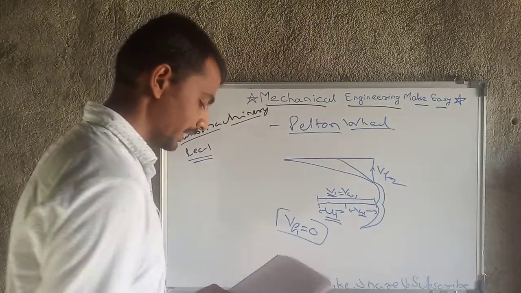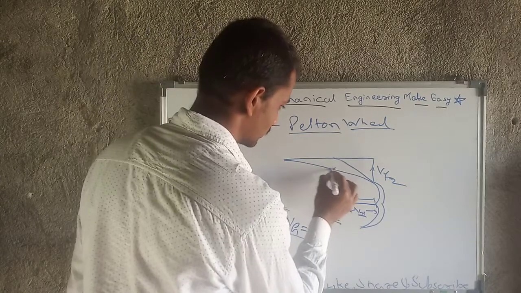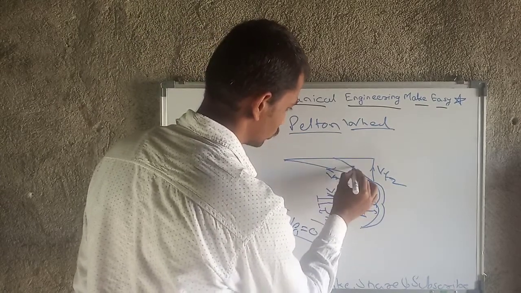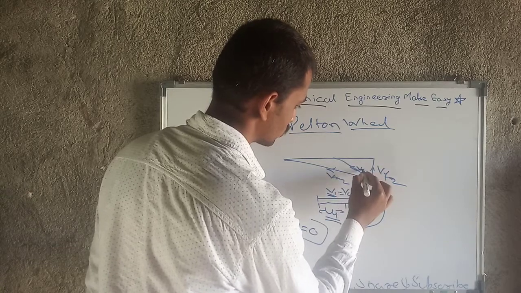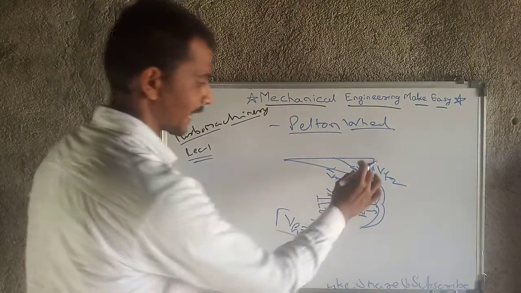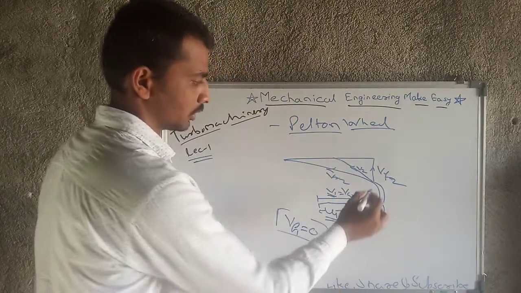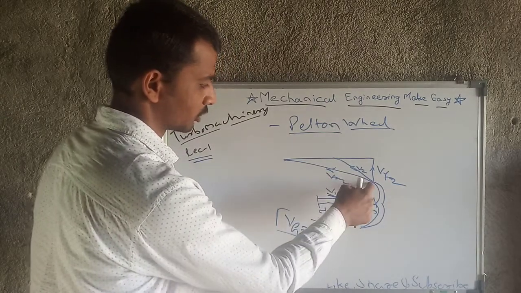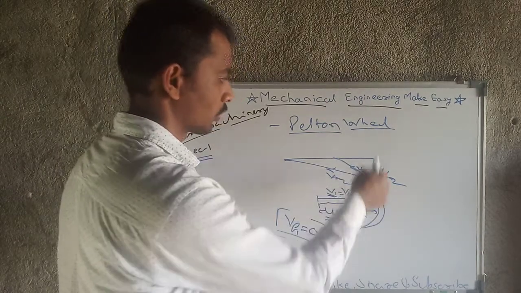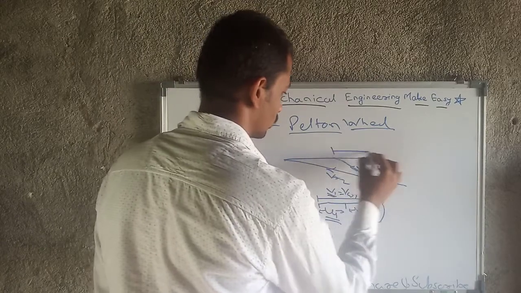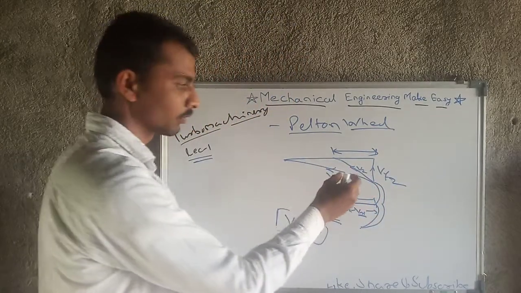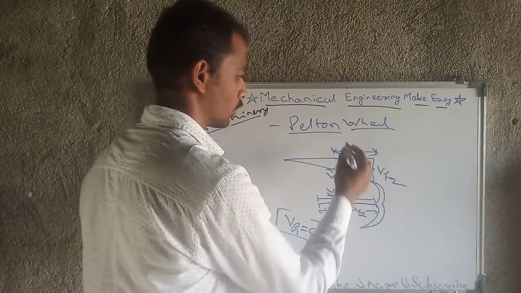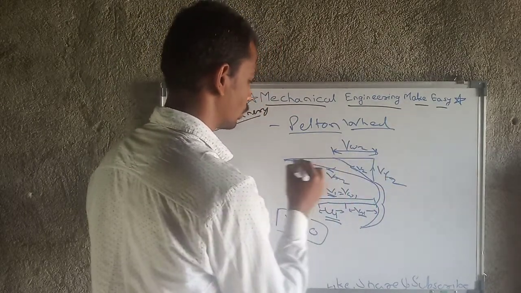Then the other parameters: this is VR2, this is V2. It is the absolute velocity at this point, this is the relative velocity at this point, and this is the flow component of velocity. The whirl component of velocity we always locate between the absolute velocity and the flow component, so that is VW2.